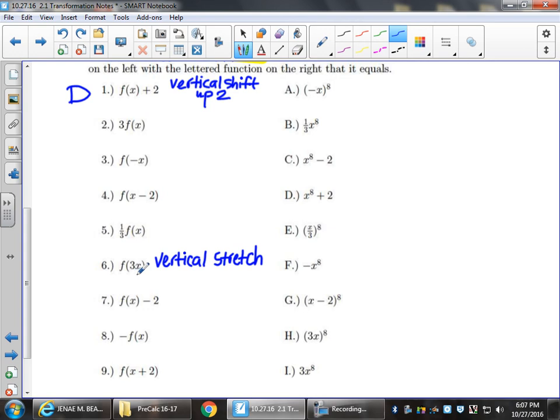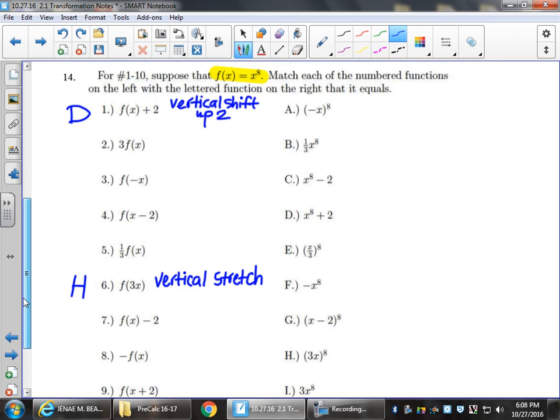So I will be looking for this same representation of 3 times x on the inside of my function, which is raised to the 8th power. No, no, no, nope, no, yes. Notice how I have that same vertical stretch happening on the inside, raised to the 8th power. So I know that this is going to be h.